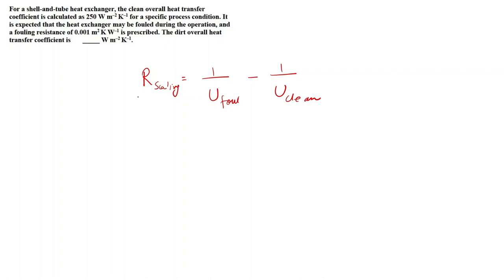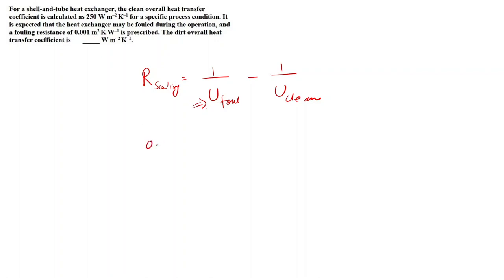These are the overall heat transfer coefficients for the clean and fouled heat exchanger. Here we have been asked to find the dirt overall heat transfer coefficient. We have been given the fouling resistance of 0.001 meter square Kelvin per watt.